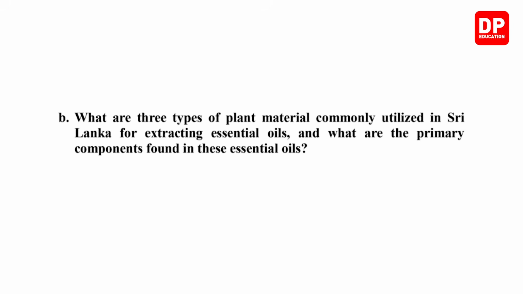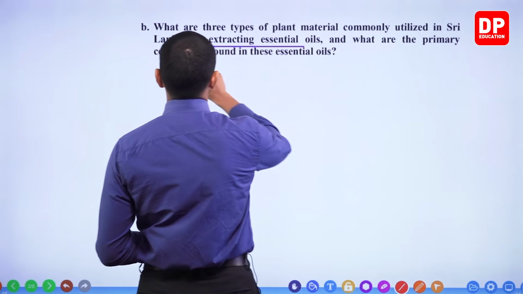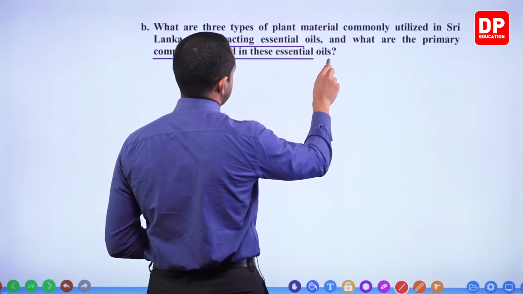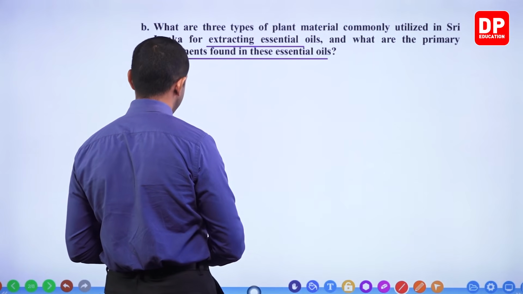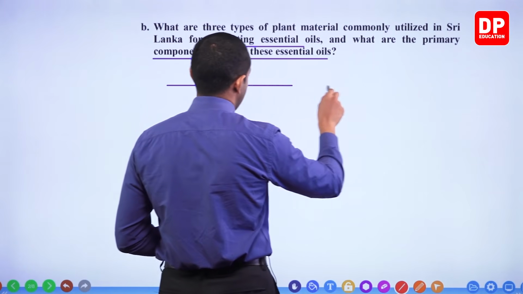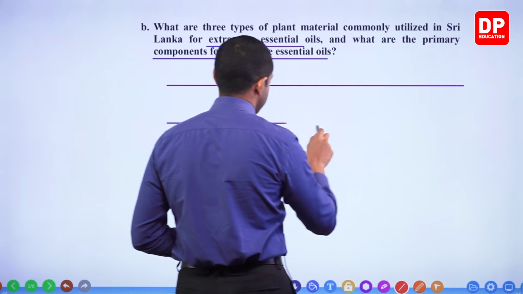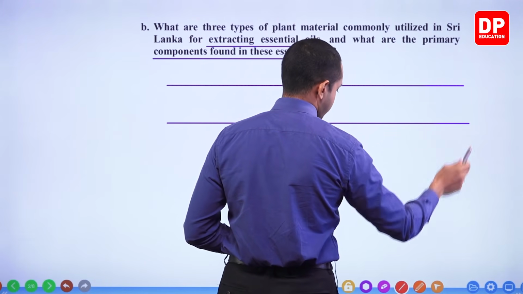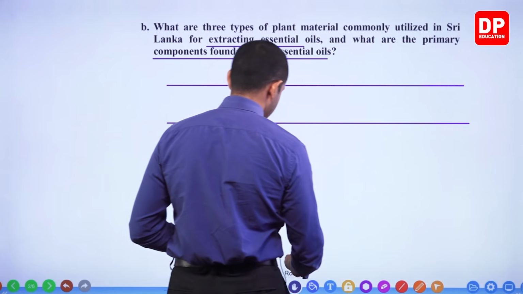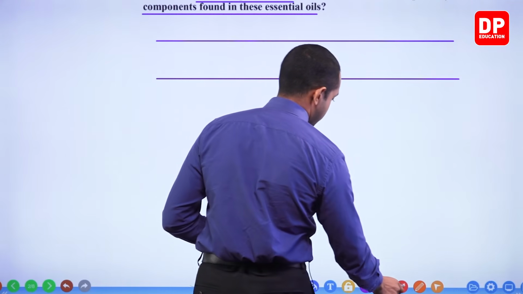So in this part they are asking us, what are 3 types of plant material commonly utilized in Sri Lanka for extracting essential oils, and what are the primary components found in these essential oils? So maybe we can have a small table here so that we can easily list down the different types of essential oils we are dealing with.